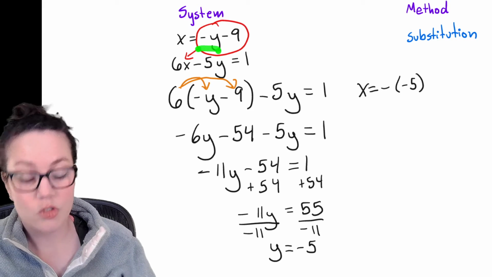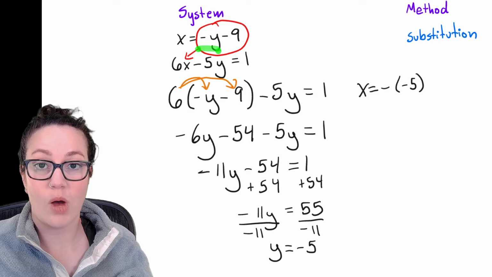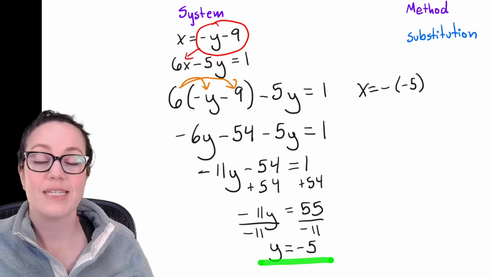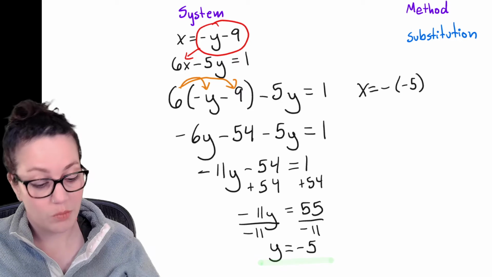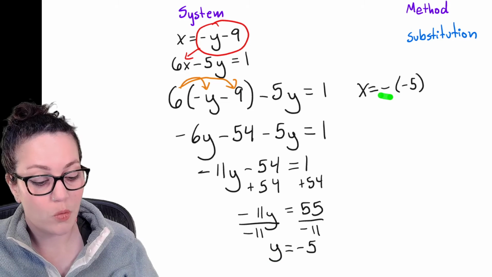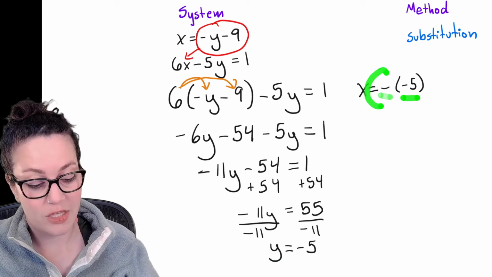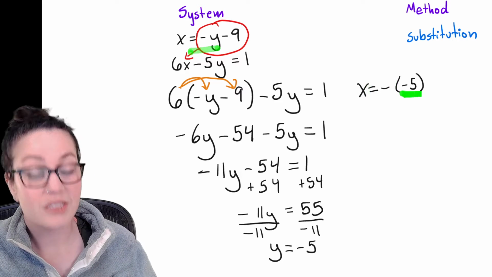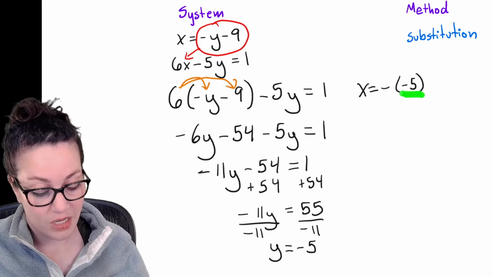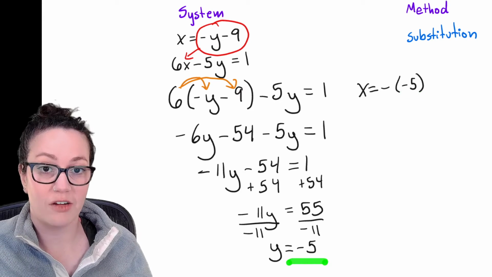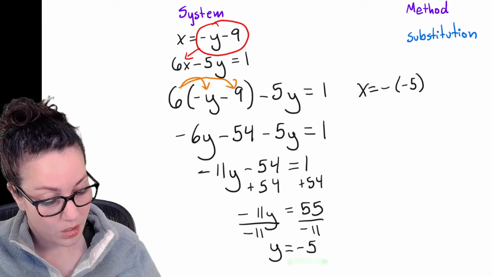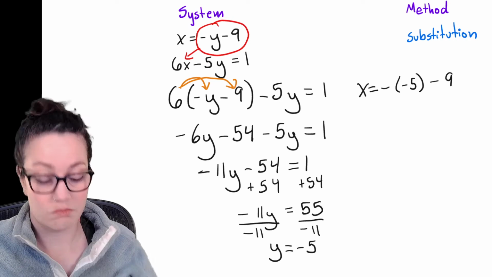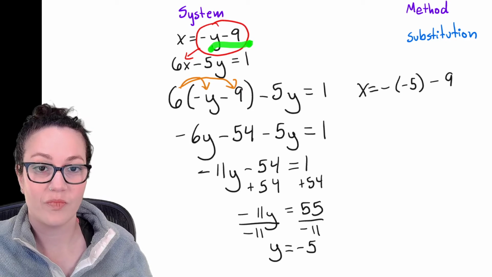Notice, this already had negative y, but then y is equal to negative 5. It's very important that you include both negative signs, right? This first one is from the original equation, and this one inside the parentheses with the 5 is because y was equal to negative 5. Then just minus 9, because that's the rest of our equation.